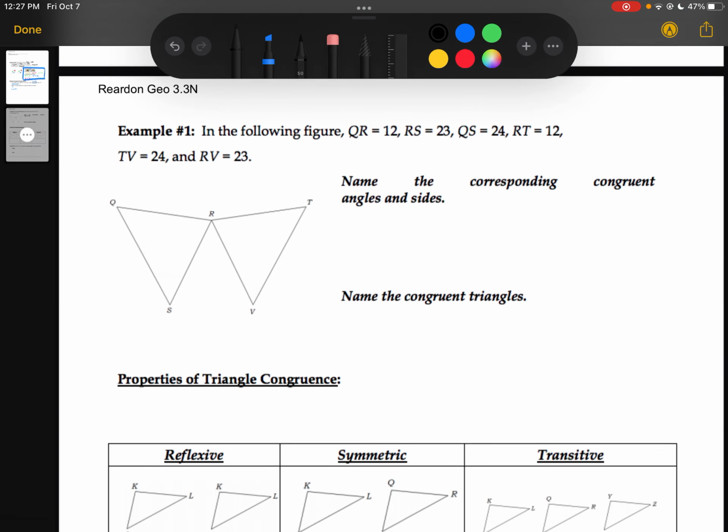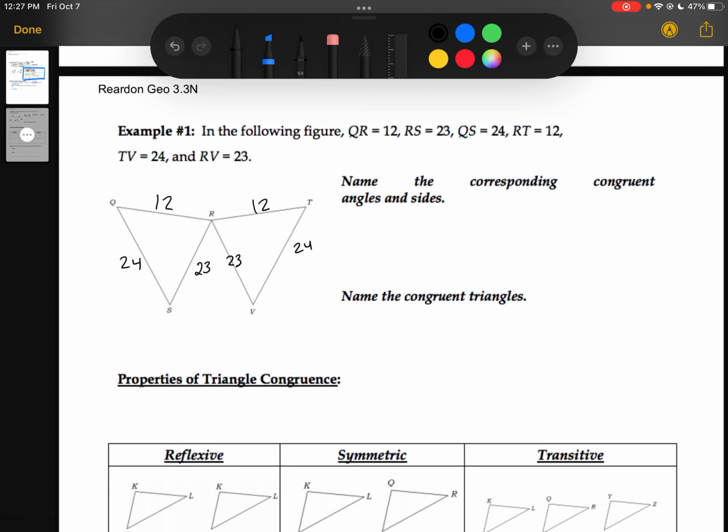taking a look at some of the examples that we might see. In the following figure, it tells us QR is 12, RS is 23, and QS is 24. And it also tells us that RT is 12, TV is 24, and RV right here is 23.